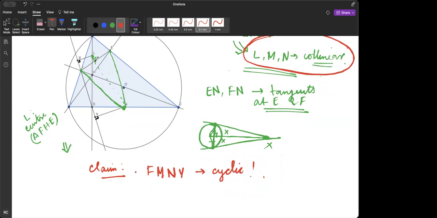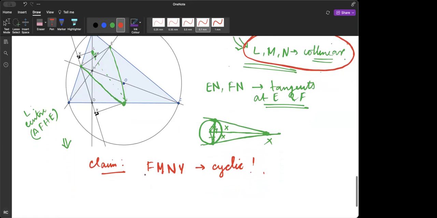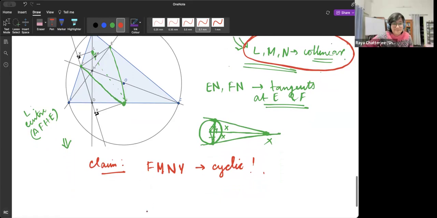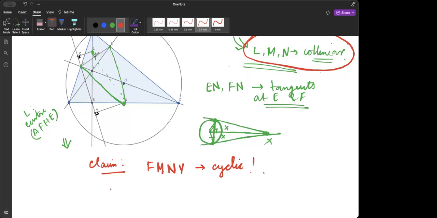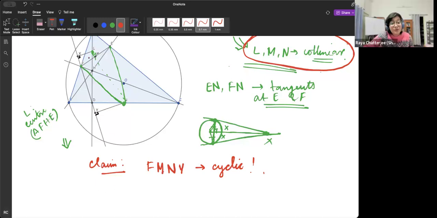Wait, so we can just angle chase after this, right? Exactly, that's the whole point. So FMNY is cyclic because NM was perpendicular to FE, and this one is also perpendicular by construction. So just opposite angles are supplementary. So this claim is proved.